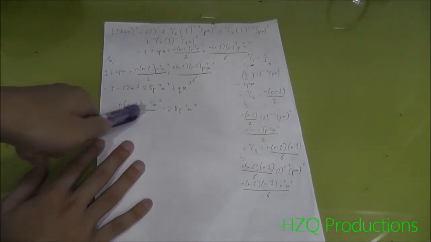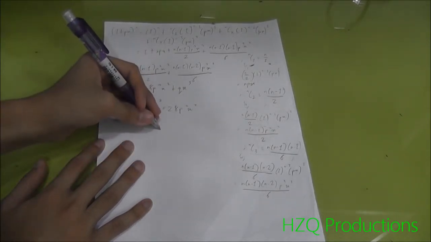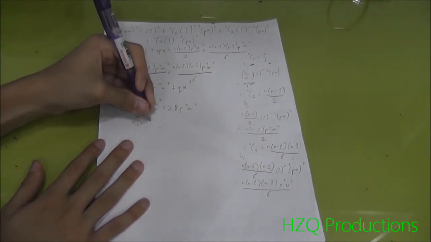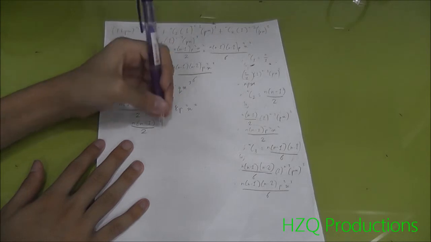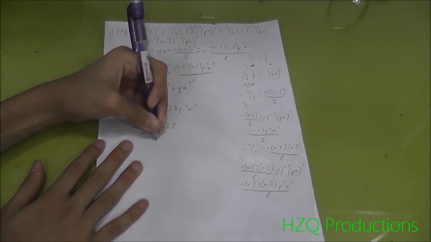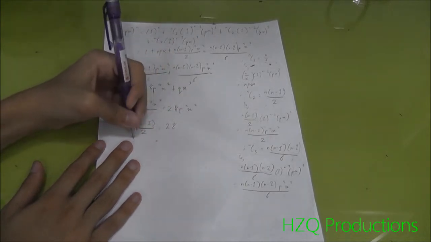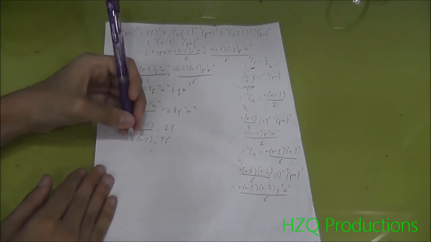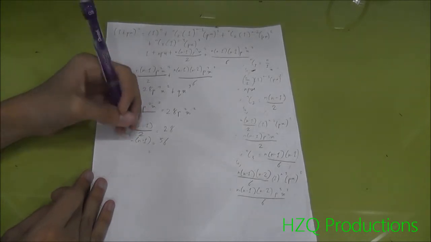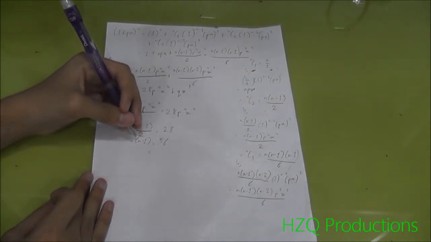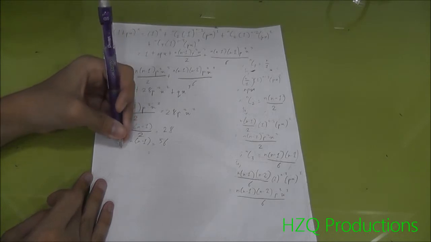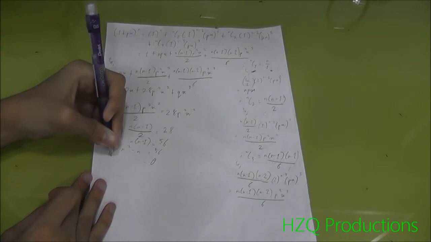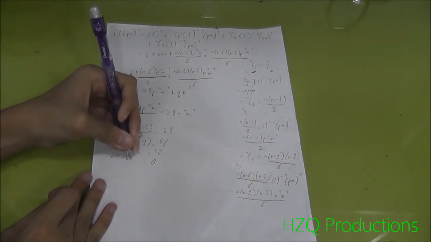You notice that these terms are very similar, so we can delete them out, leaving (n − 1)n over 2 equals 28, and 28 times 2 gives me 56. Then n times n is n², and n times negative 1 gives me negative n. So n² − n = 56, and you form a quadratic equation.